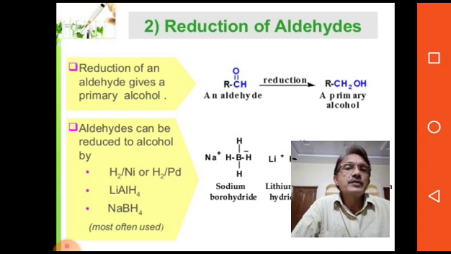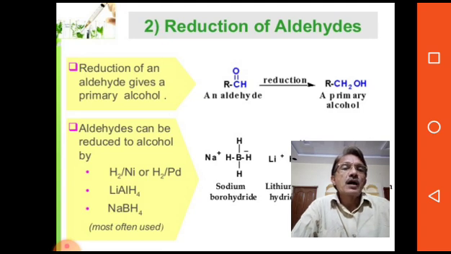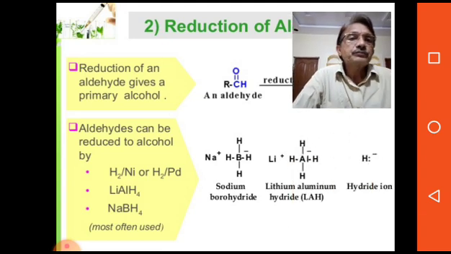Aldehydes can be reduced to alcohol by hydrogen over nickel, hydrogen over palladium, LiAlH4 or NaBH4. So hydrogen in the presence of a catalyst, nickel or palladium, may be used for this process of reduction.